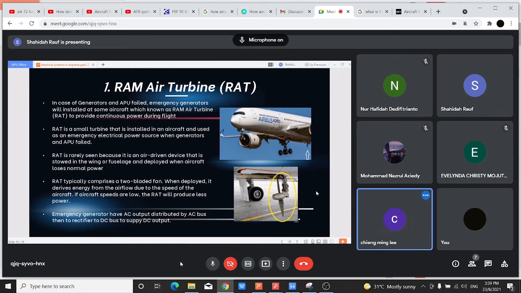It produces minimum thrust because you don't have a big fan to give you the thrust. Maybe the exhaust coming out will give you slight thrust because of the exhaust pressure, but you won't be able to move.